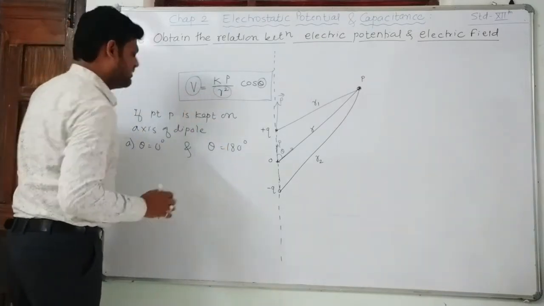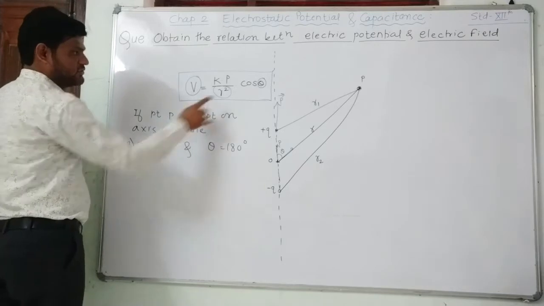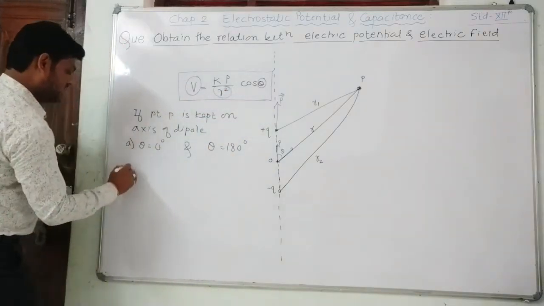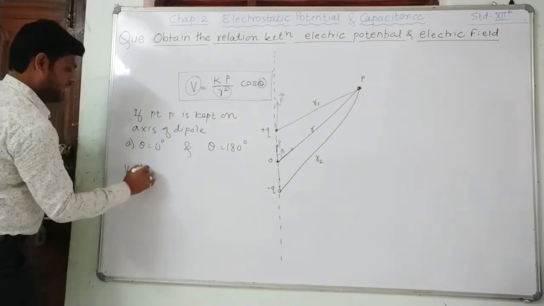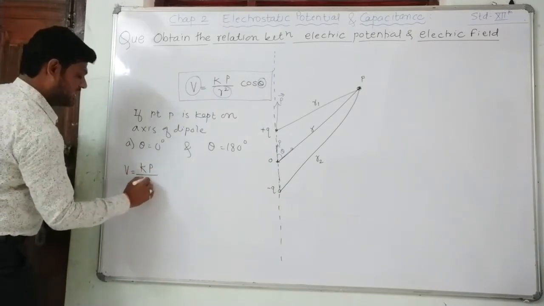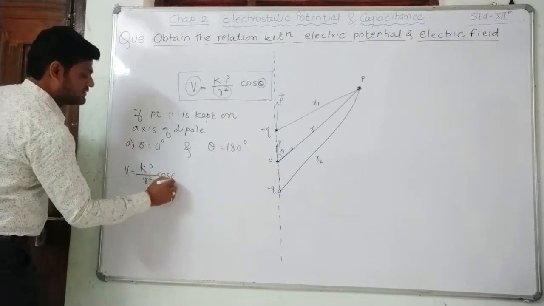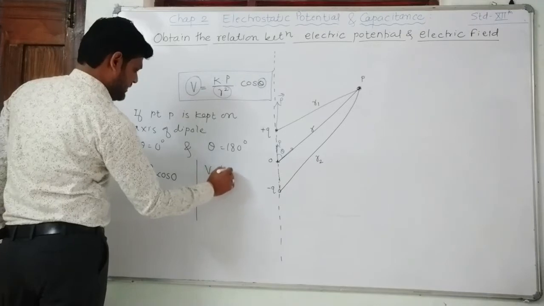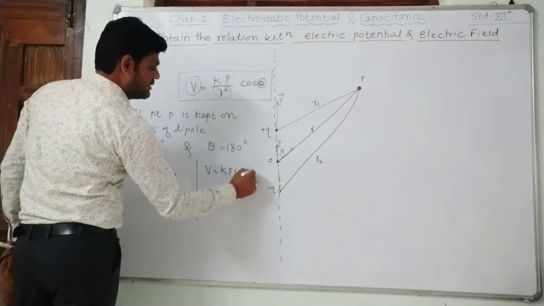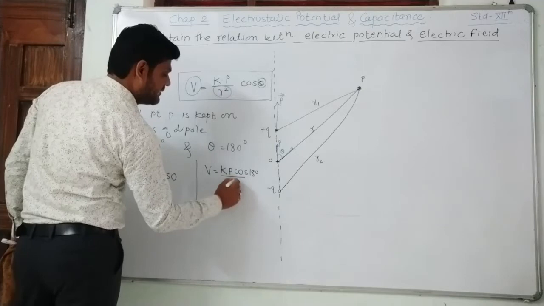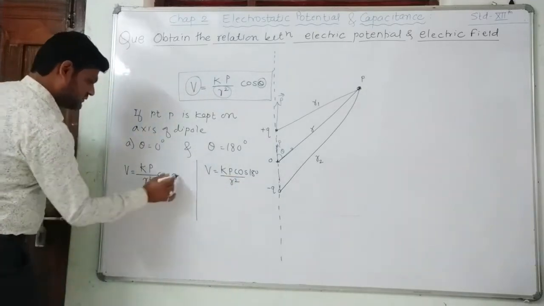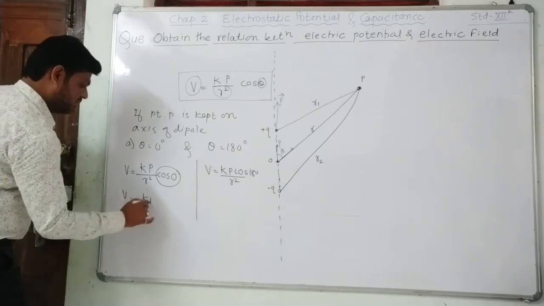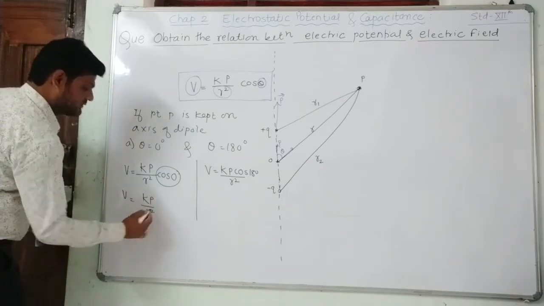So equation 1 becomes, putting theta equal to 0 degree over here and theta equal to 180 degree over here: V equals Kp divided by R square into cos 0, and V equals Kp cos 180 degree divided by R square. Students, cos 0 equals 1, so we write Kp divided by R square.